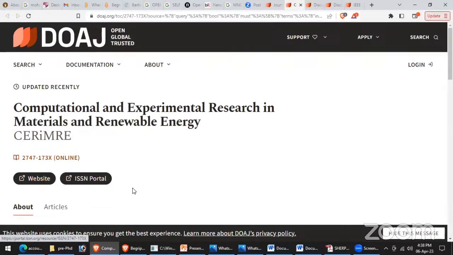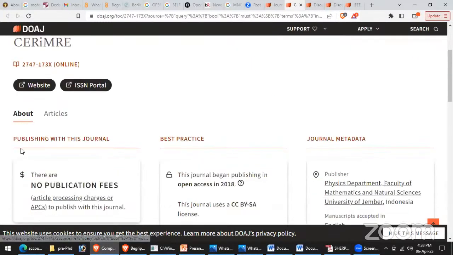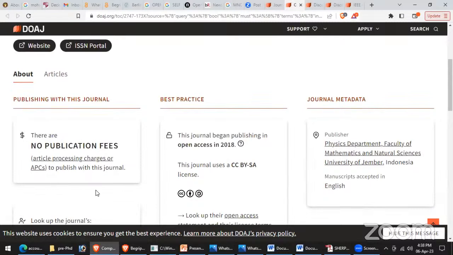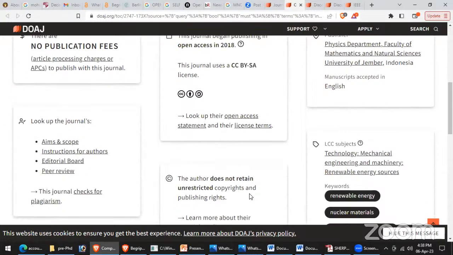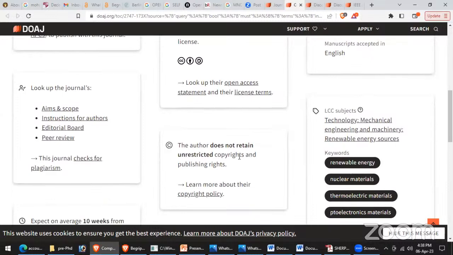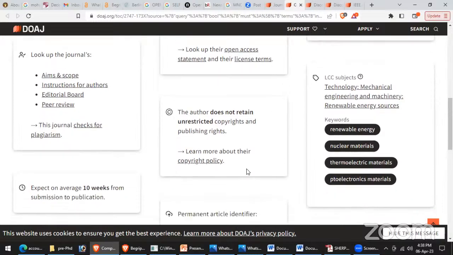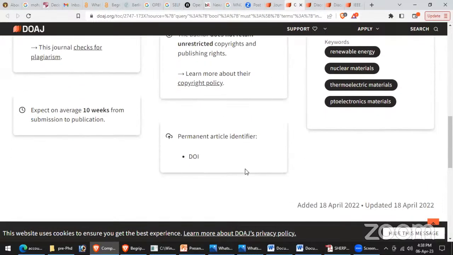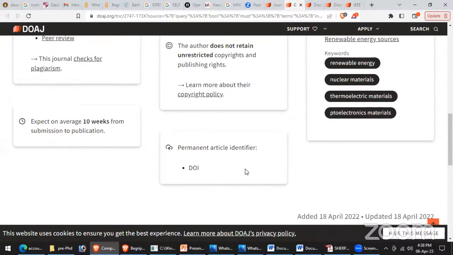Here you have ISSN. Here you have an article. There is no publication fee required for it. But this journal was publishing in open access in 2018. Now, its status. These are common property copyright. Authors do not have the right of copyright, so the publisher will take the responsibility.